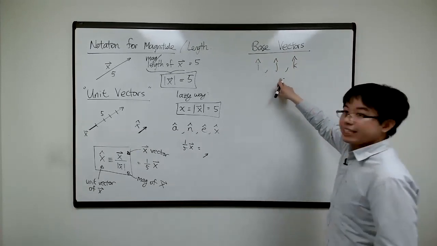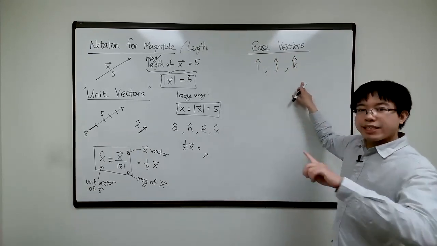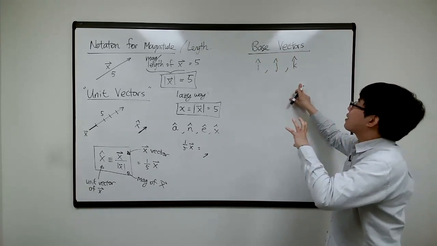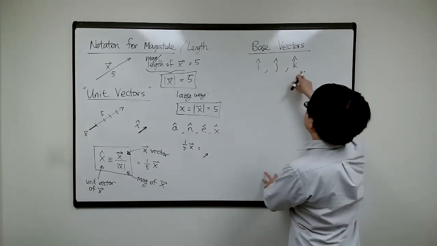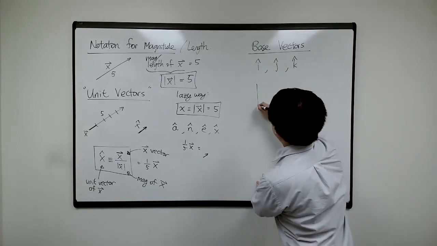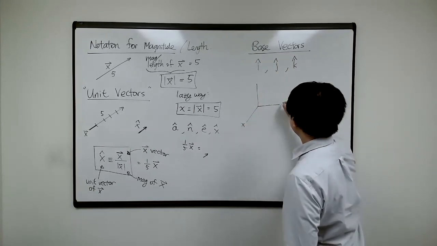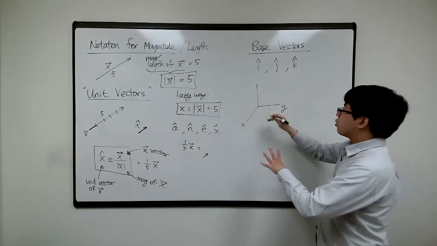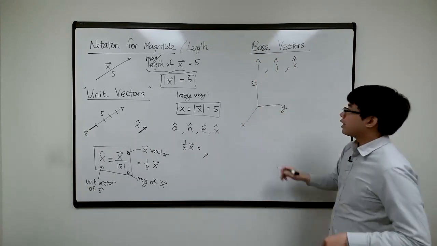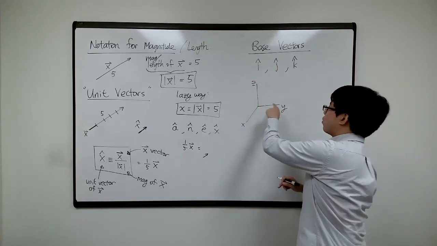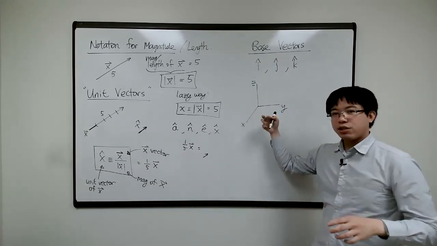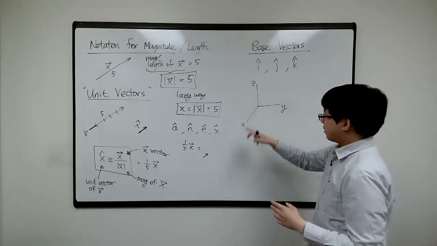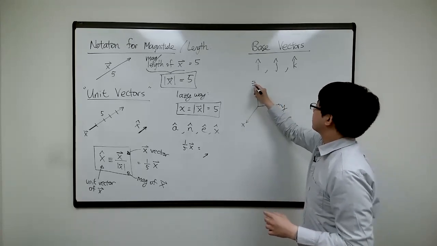So these are obviously unit vectors, but they are unit vectors along specific directions. They're specifically along the x-axis, y-axis, and z-axis. So if I draw x, y, z like this, by the way, when you draw 3-dimensional coordinates, this is usually the way to draw it. So sort of having y and z here, and then x sort of points out of the board, at an angle like this, right?